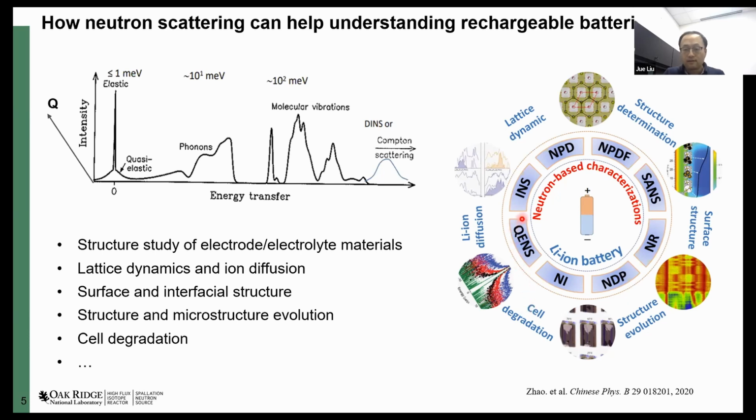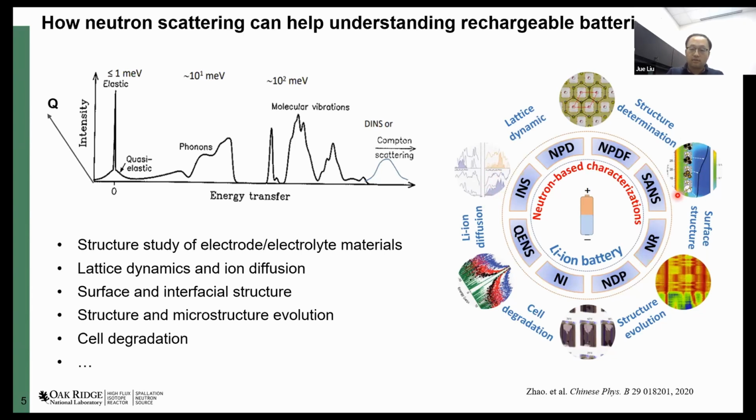For example, a lot of times we use quasi-elastic neutron scattering to probe lithium or sodium ion diffusion, right? And to go a little bit further, you can study how the lattice dynamics can affect specific phase transitions in the battery materials, and also the atomic structures and large scale structures.